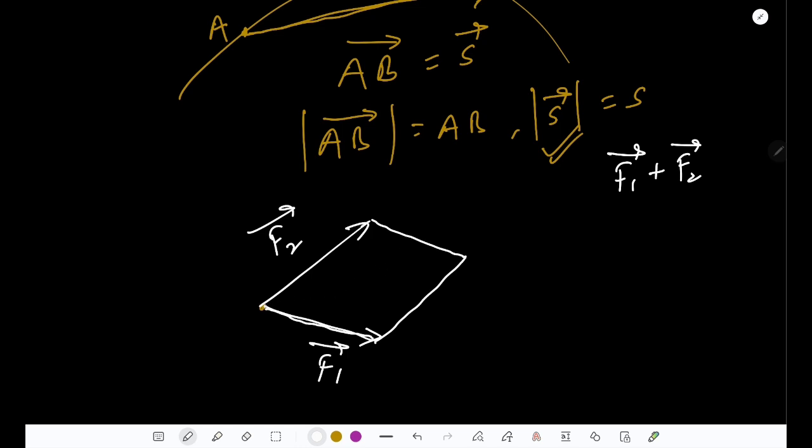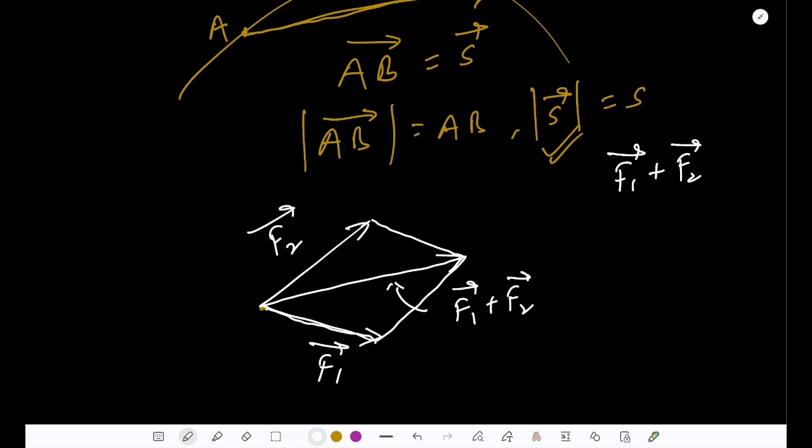Just join the particle on which the forces F1 and F2 are acting, and trace the diagonal. This diagonal will be F1 plus F2, the resultant of these two forces. This is experimentally verified. You don't need to do anything in this.